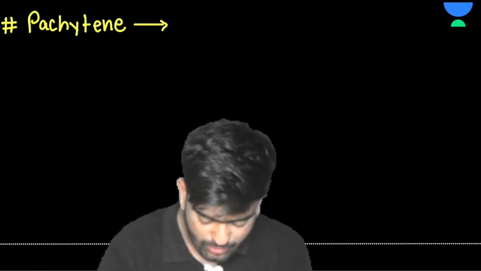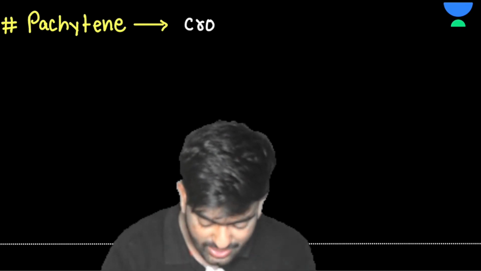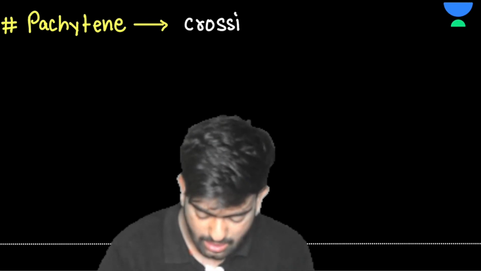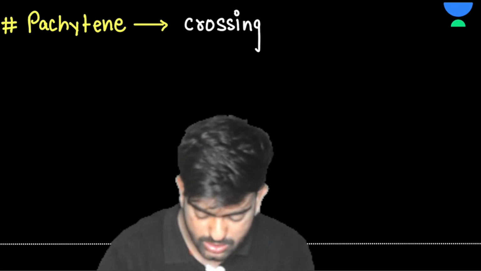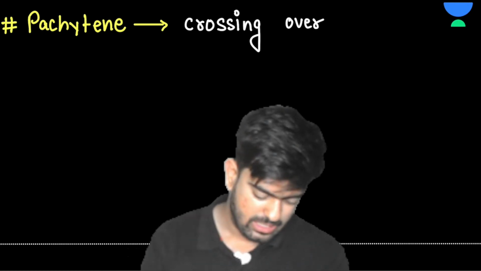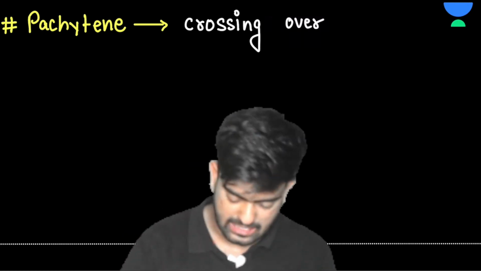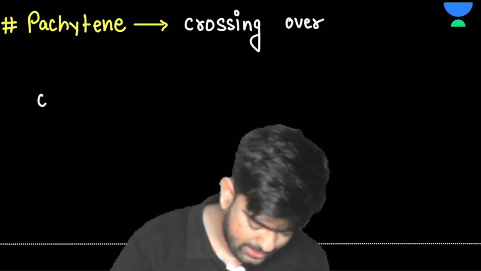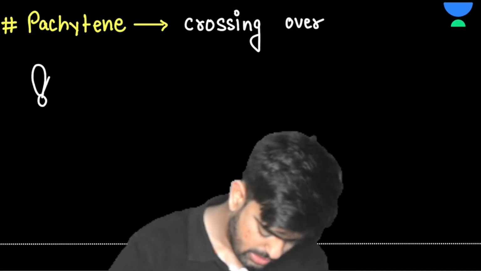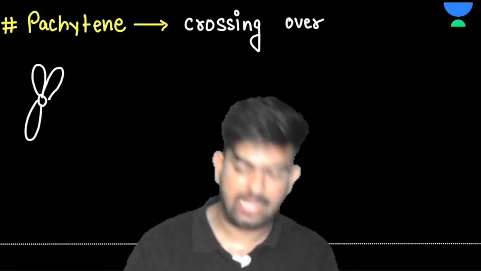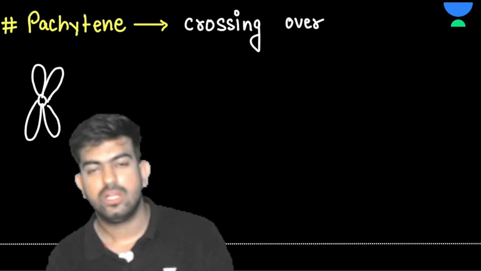So in pachytene, what happens? Crossing over takes place. Sir, what is crossing over? So see here, let's call Harry again. This is Harry's chromosome. And who were Harry and Julie?